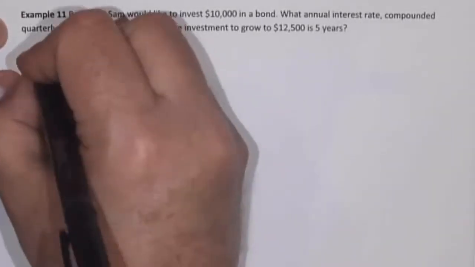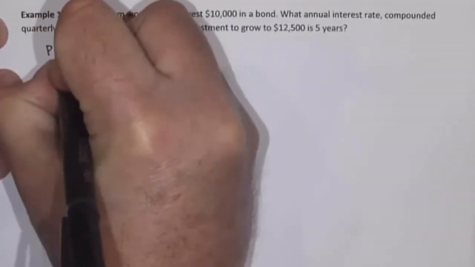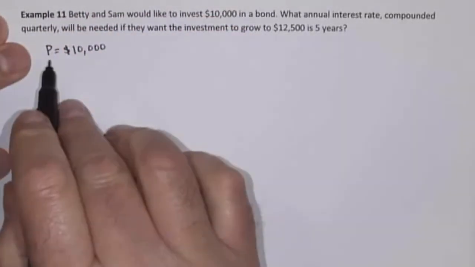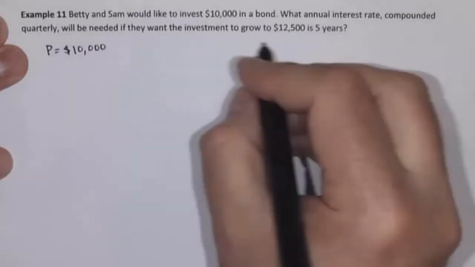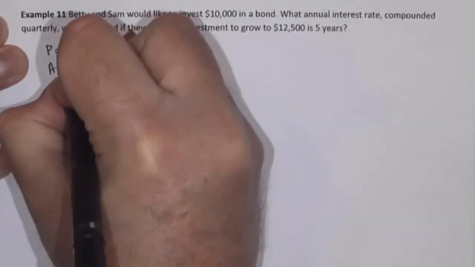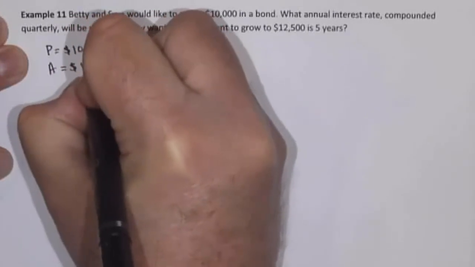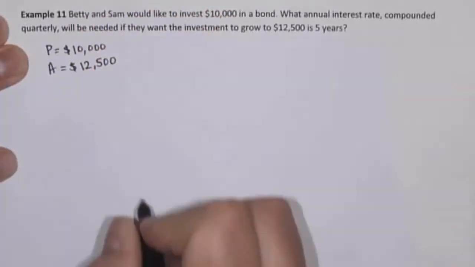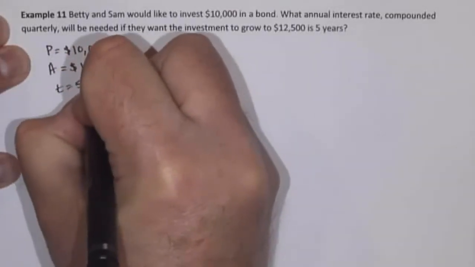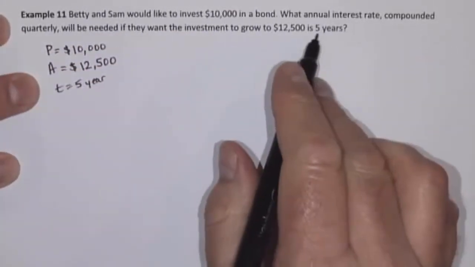So we know that Sam and Betty are going to invest $10,000. That's the principal. And they want it to be worth $12,500 in the future. So A is the future value, $12,500. They're leaving it for 5 years, so that's the time.